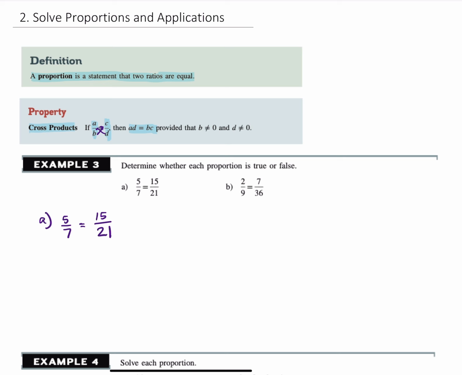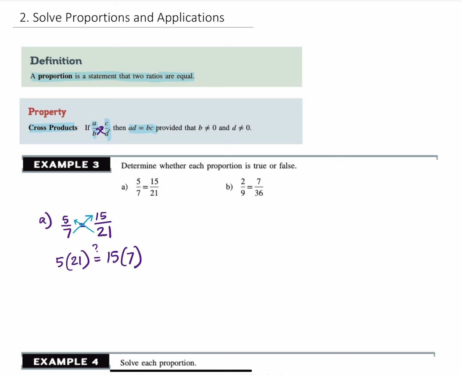So I'm just going to take the denominator from each side and multiply it over, just like if we were solving an equation. Since this is a division, the opposite operation is multiplication. And then the 21, I'll multiply over as well. So we can view this as 5 times 21, and we're asking, is this equal to 15 times 7?